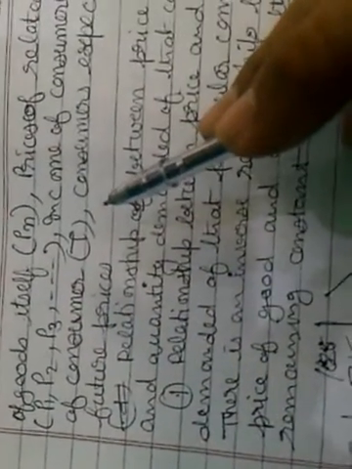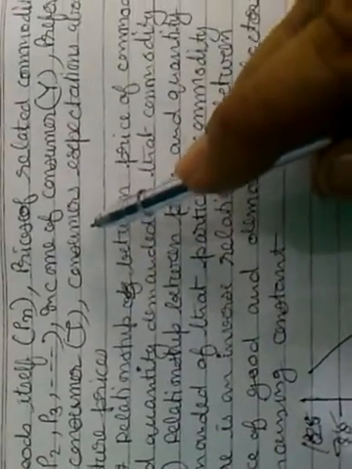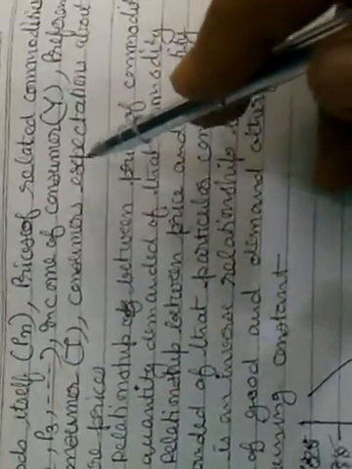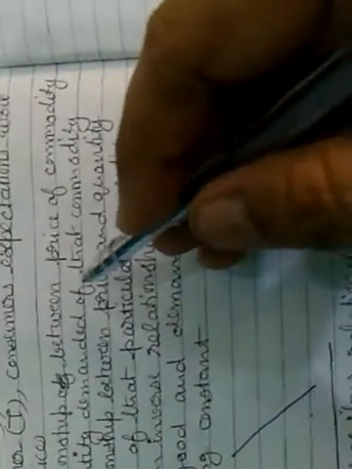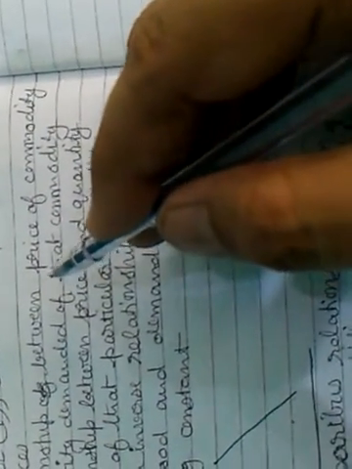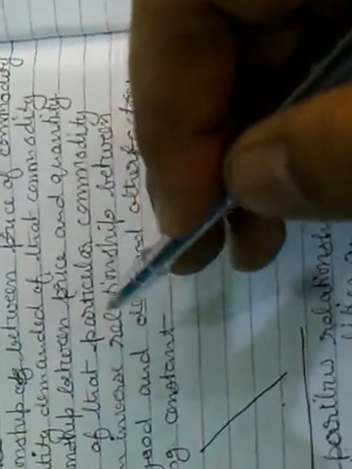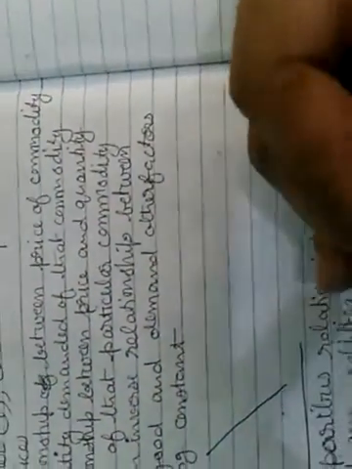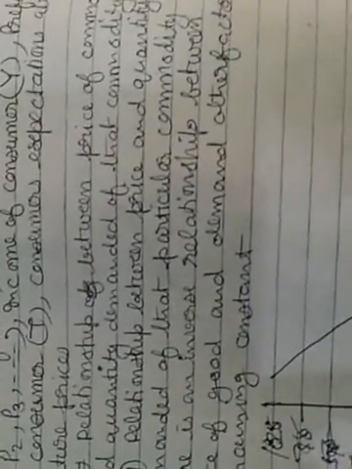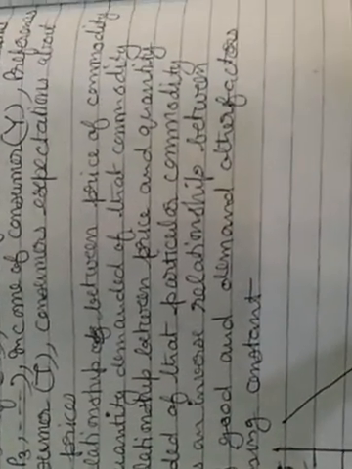Consumers' expectations about future prices. Now this works in both ways. If a consumer is expecting that prices may go high in future, then he will prepone his purchase. That means he will try to buy things as soon as possible. But if he is thinking that the price of that given product will be less in future, then he will try to postpone the purchase.